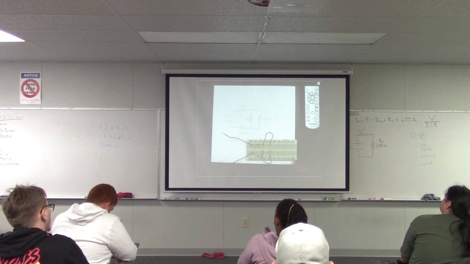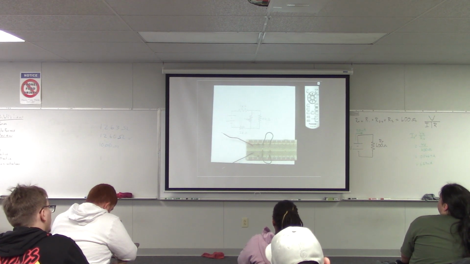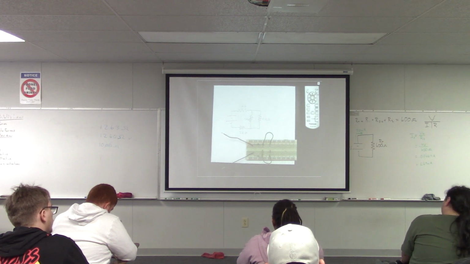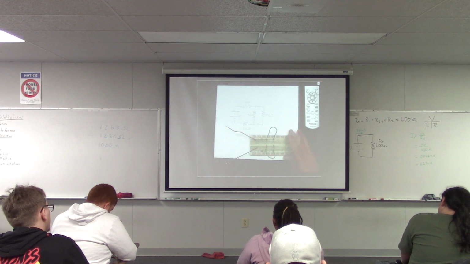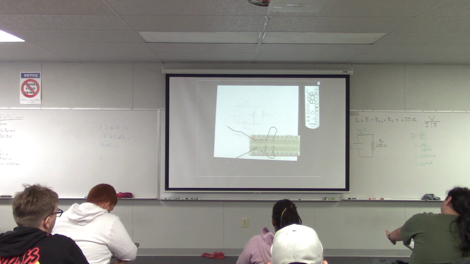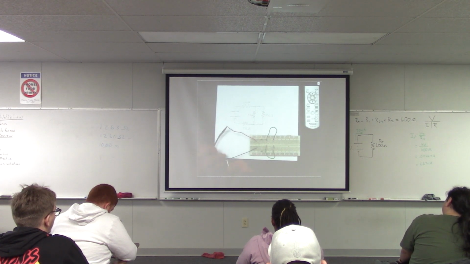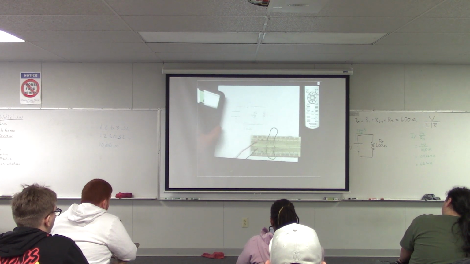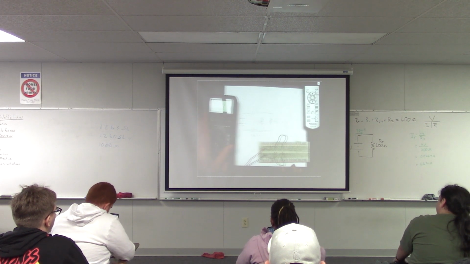Okay? Now, you have to find the total resistance for this circuit. So one way to find the total resistance is, before you connect your circuit to the power supply or anything else, you just grab your 2 leads here and you measure the resistance with your meter. Okay?